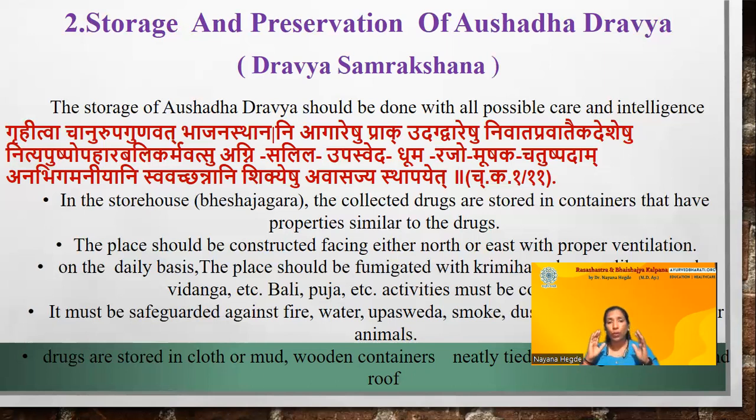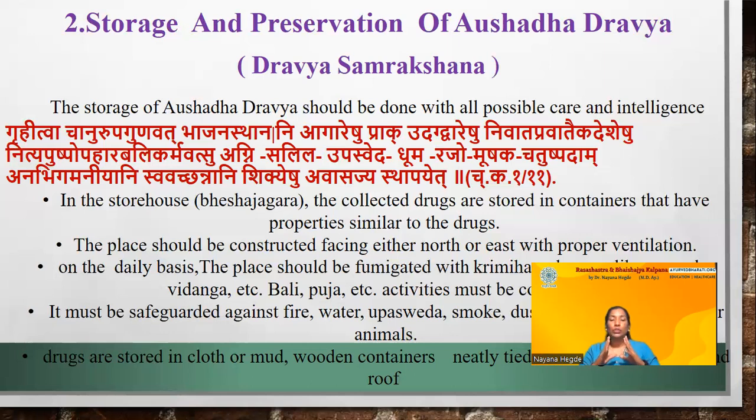It means one should protect the storehouse from fire, water. Upasveda means moisture from the earth. We should safeguard the Bhaishajagara, or the medicines stored in the Bhaishajagara, from absorbing moisture from the earth or the surroundings. That is Upasveda.